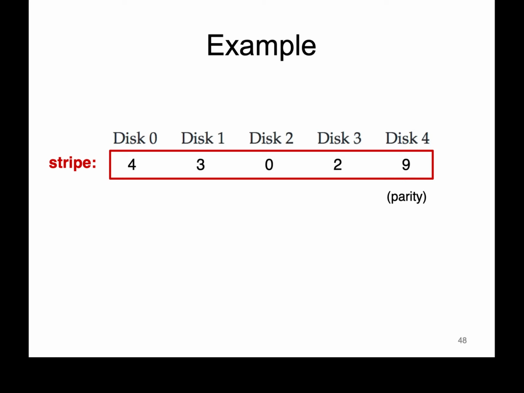Okay. So let's say at some point of time, the logical data block stored in disk number 0 gets lost. In order to recover it, you could just apply the same linear algebra operation by doing this subtraction: 9, which is the parity, subtract 3, subtract 0, subtract 2.